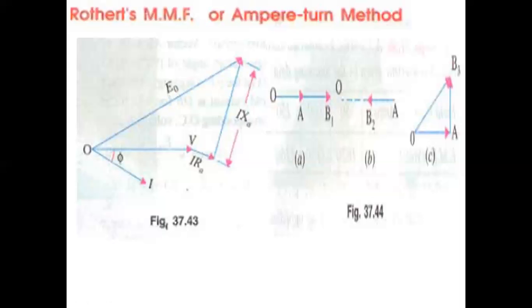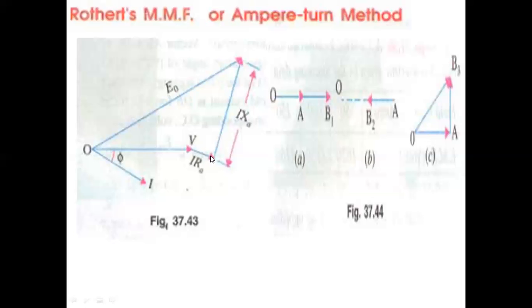Now the field ampere turns required to produce a voltage of V on full load are the vector sum of two components. First one is the field ampere turns required to produce the voltage, where we take V and take RA into account also.